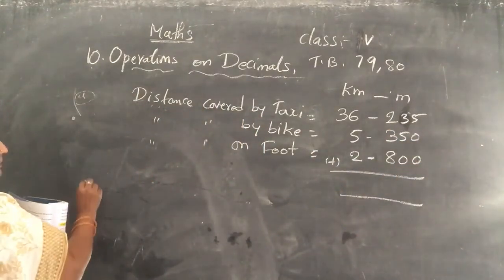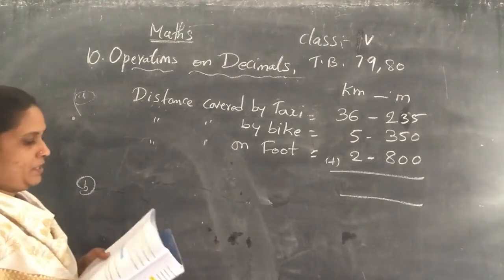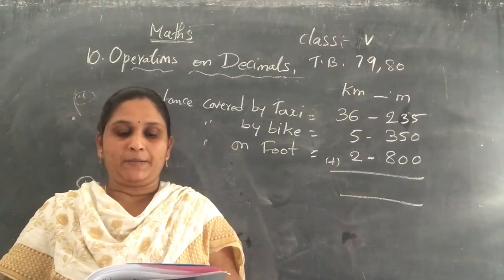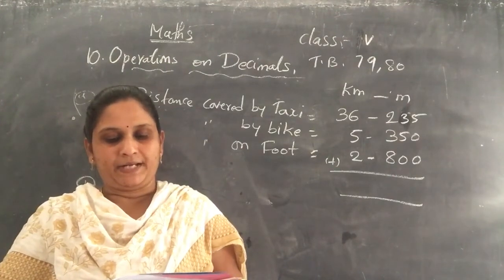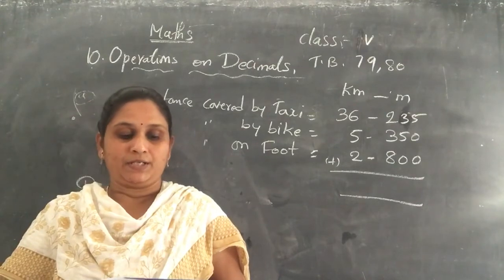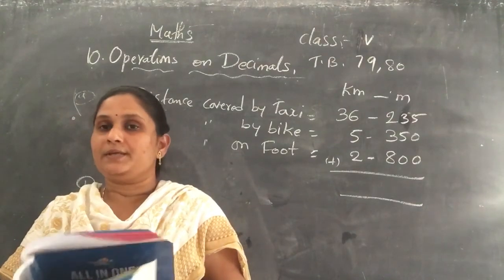Okay, next, B. A box contains 34 kgs 500 grams of sugar, 100 kgs of rice and 50 kgs 75 grams of wheat. What is the total weight of the box in kilograms?